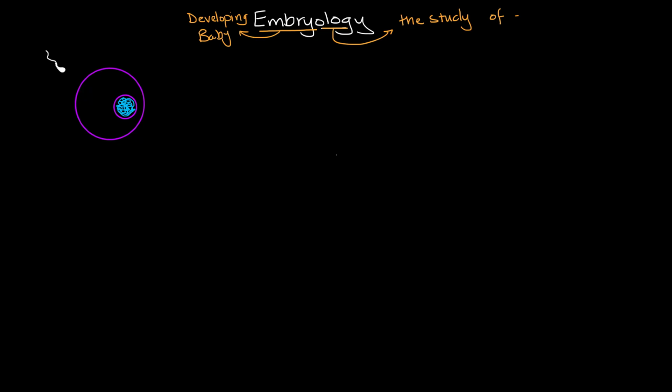In a previous video, we talked a little bit about fertilization, which is when a sperm and egg come together. So if this is your sperm here in white, and in purple is the egg. The egg's much, much bigger than the sperm. The DNA of the dad is in the sperm, and the sperm will bring the DNA into the egg.